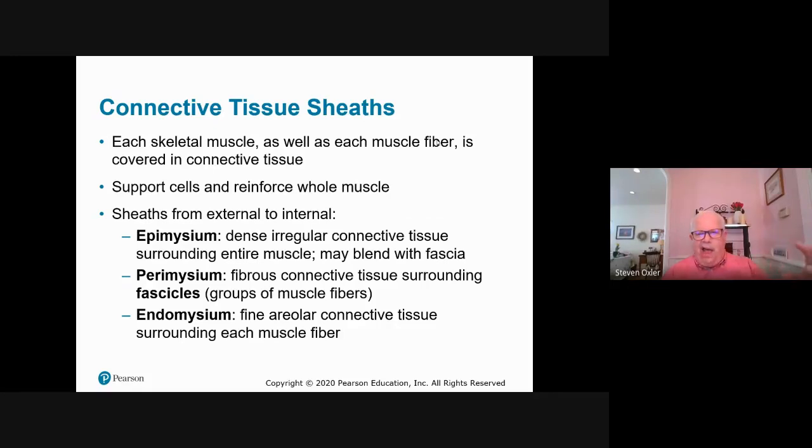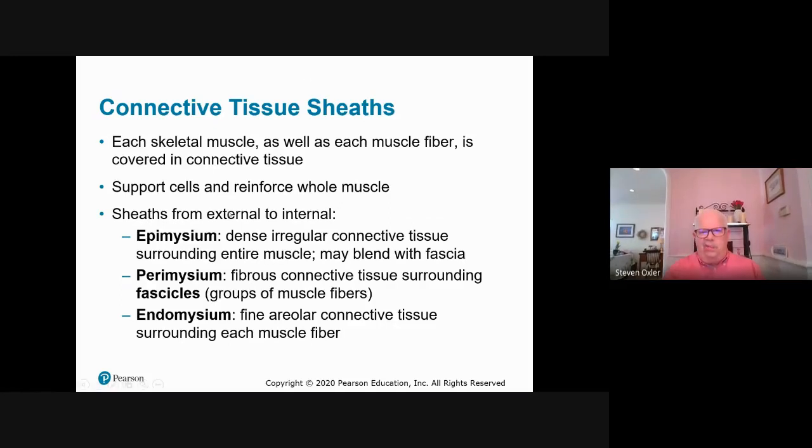From outside to inside, the epimysium is a dense, irregular connective tissue surrounding the entire muscle. The perimysium is a connective tissue that surrounds groups of muscle fibers.